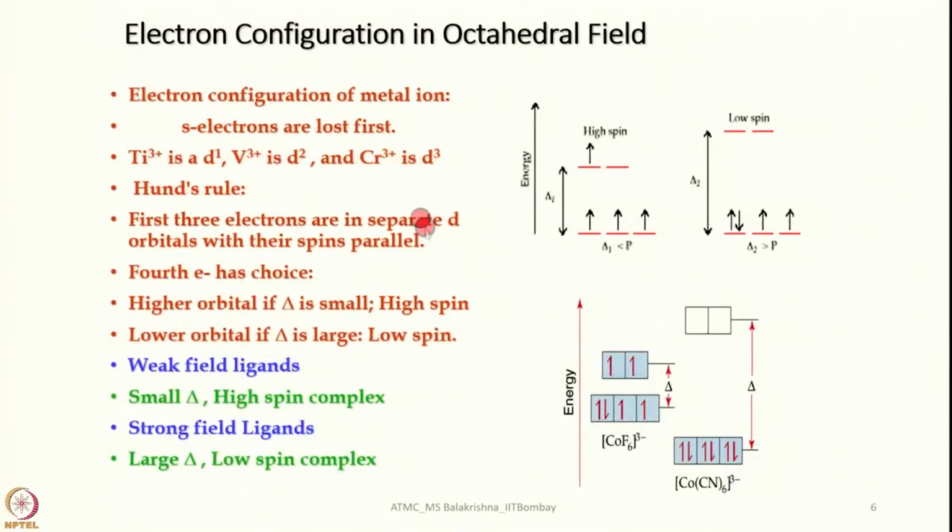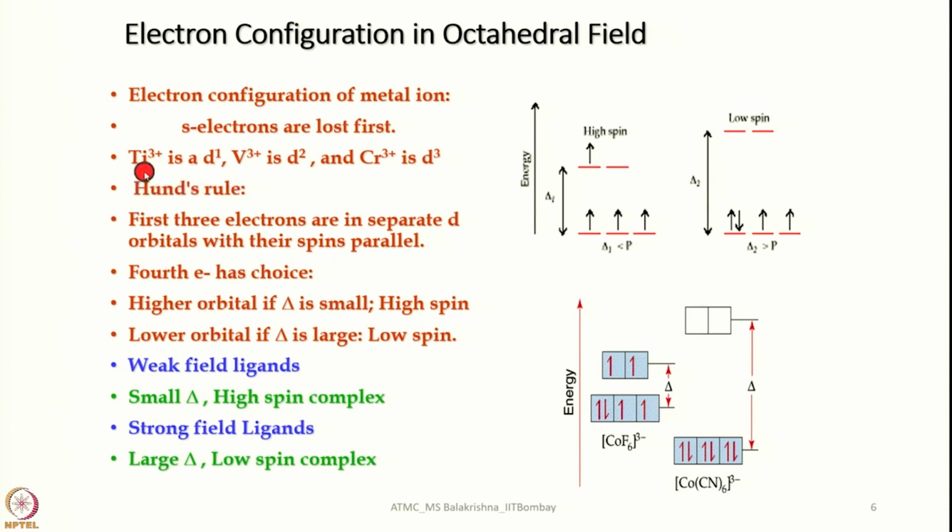So, now let us look into the electronic configuration in octahedral field. When we try to ionize and generate cationic metal ions, what would happen is first s electrons are lost, that means 2 electrons present in the (n+1)s orbital will be lost, and if further oxidation takes place, then the electrons will be removed in sequence from inner d orbitals.